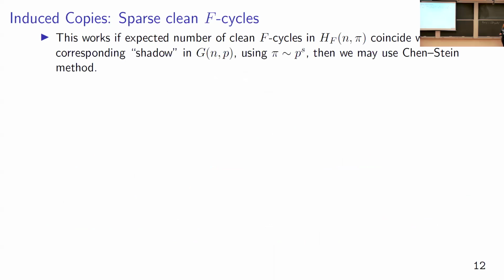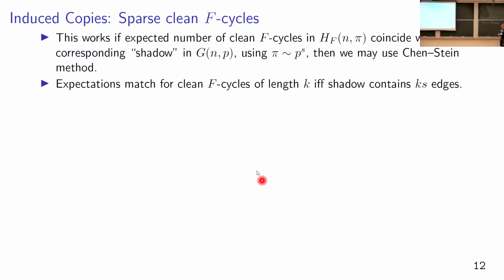So what does this condition mean? Well, if you write down and explicitly compute this expectation, then what you get is that these expectations coincide if your F cycle is of length k and the corresponding shadow graph contains k times S edges. So basically every hyperedge contributes exactly S edges to the shadow.